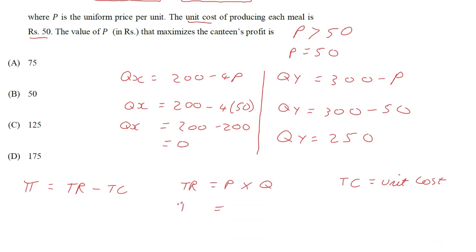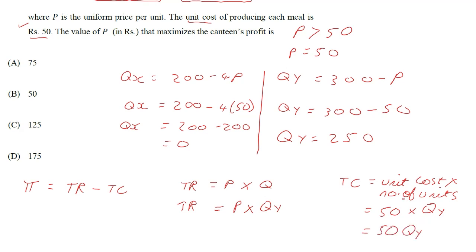So I'm going to simply say total revenue is equal to p, which we don't know, into quantity of Y. Total cost is going to be unit cost into number of units, which is as good as saying the unit cost, which we have decided is 50, into the number of units, which is the quantity of Y. So I can simply write this as 50 Qy.